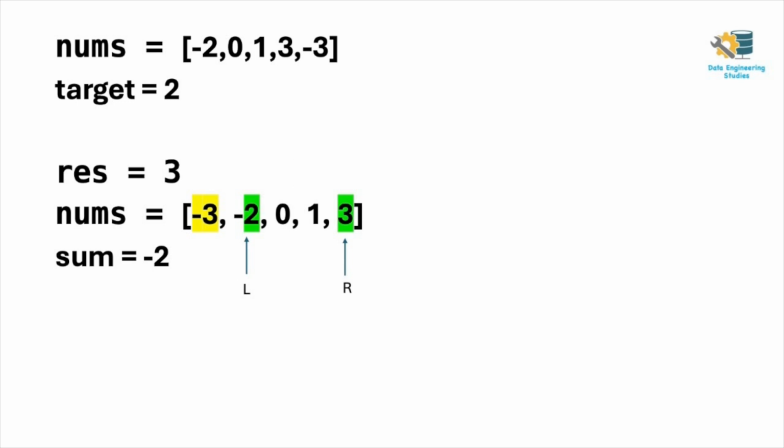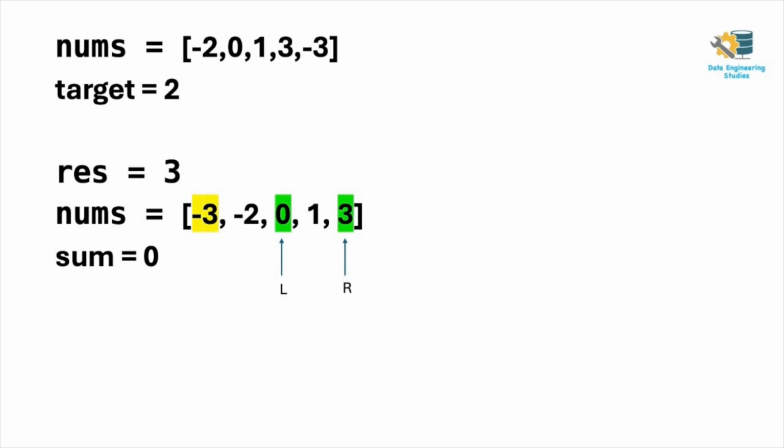Now, we will increment the left pointer and perform the same step until the left pointer is no longer less than the right pointer. The sum of -3, 0 and 3 is 0, which is less than the target. That means the triplet -3, 1 and 3 is also less than the target. So there are two triplets, hence we add 2 to the result.